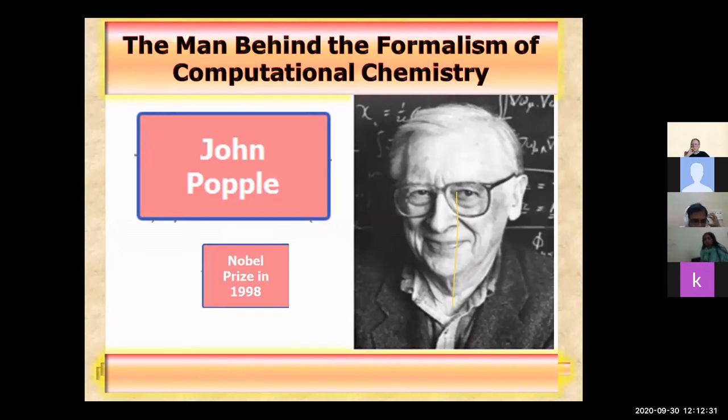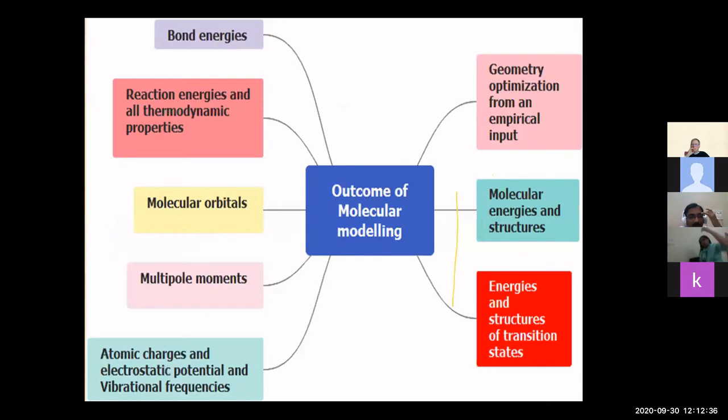He was awarded this Nobel Prize for developing computational methods in the 1970s. Thereby he made possible the theoretical study of molecules, because you could see that the number of Hamiltonian terms rises exponentially. Even for a benzene molecule, we could see how many terms and how many integrals we would have to solve for. If we went by doing it by hand on a piece of paper, it would be almost impossible.